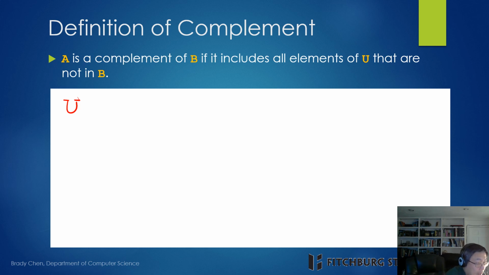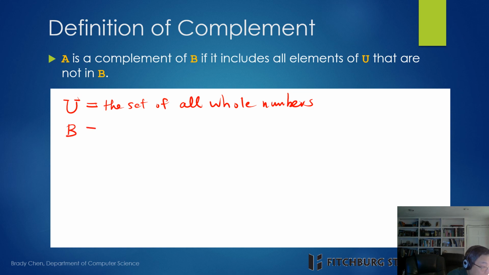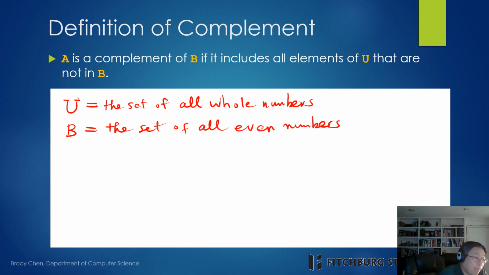Let's take a look at an example. Suppose U is the set of all whole numbers. If B is the set of all even numbers, what's the complement of B?